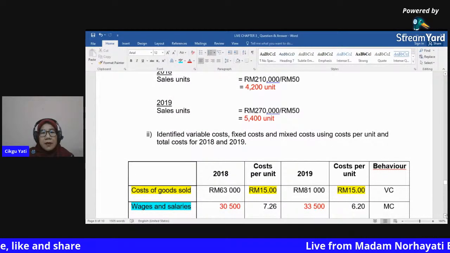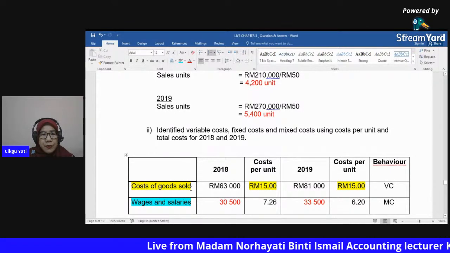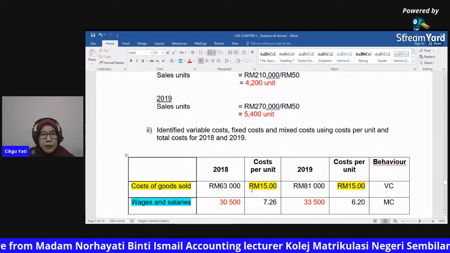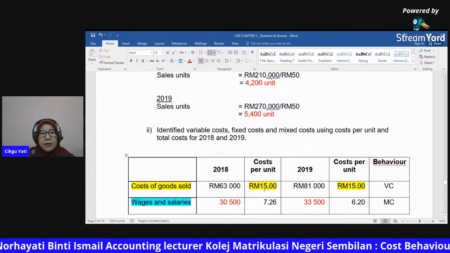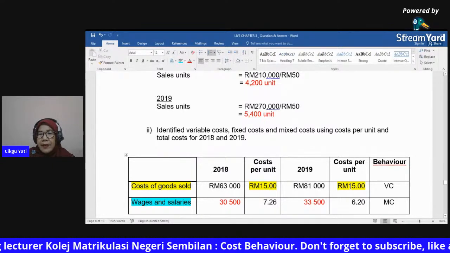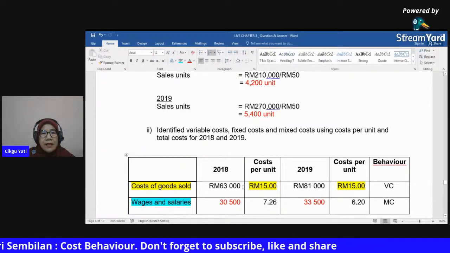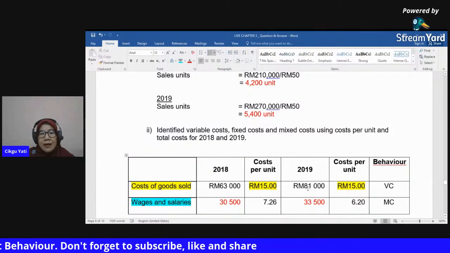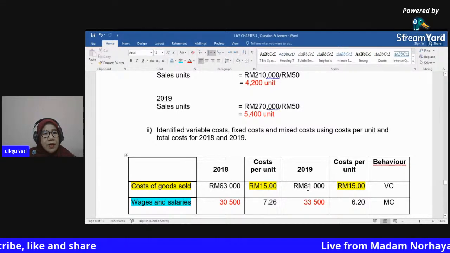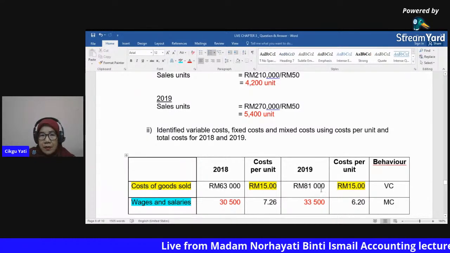Okay, the first cost item, cost of goods sold. You can see that cost per unit remains constant and the total cost increases when the level of output increases. So that means cost of goods sold is categorized as variable cost.